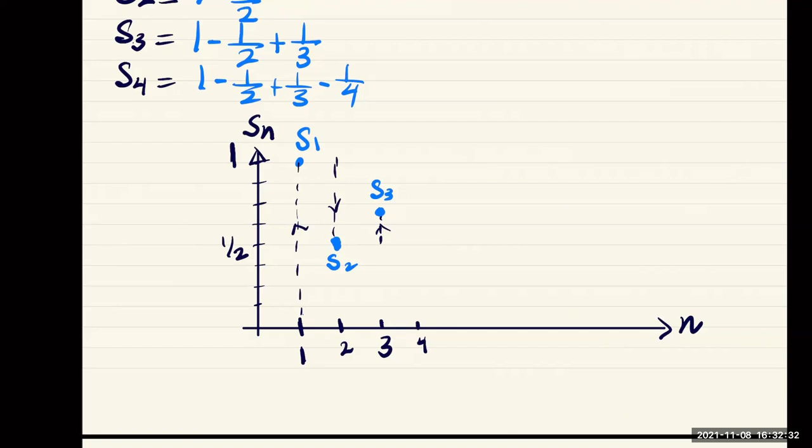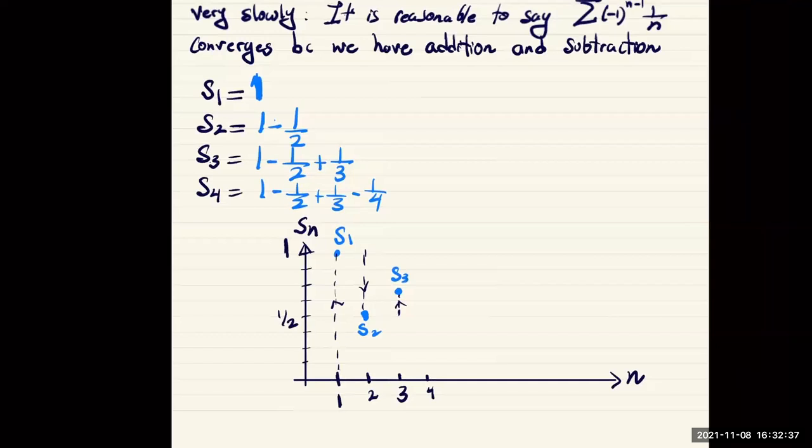So what are we learning here? We are learning that it is easy for an alternating series to converge. It is easy because you add, you subtract, and when you take some negatives from positives, you're highly likely to end up with a finite value.